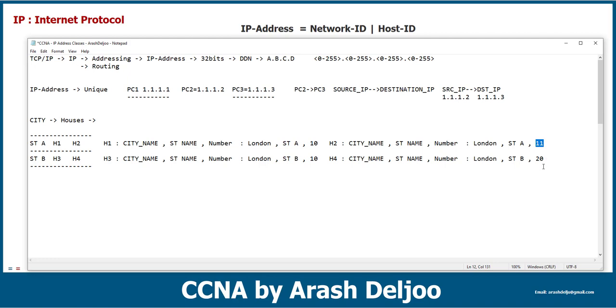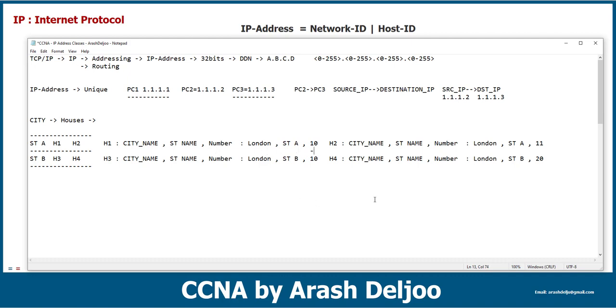Again, it's okay. This means that in some part of the address, all of the houses in one street should use the same city name and street name, and in some part they should be unique. The number of the hosts functions as the uniqueness.